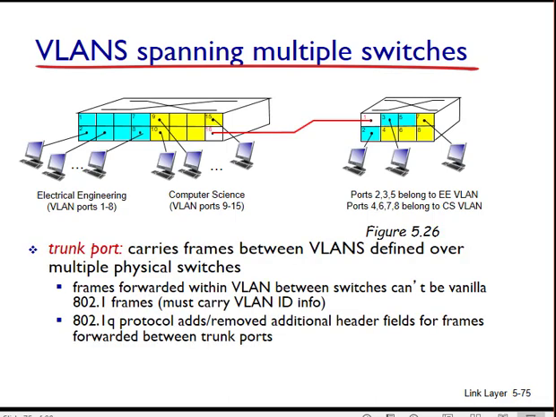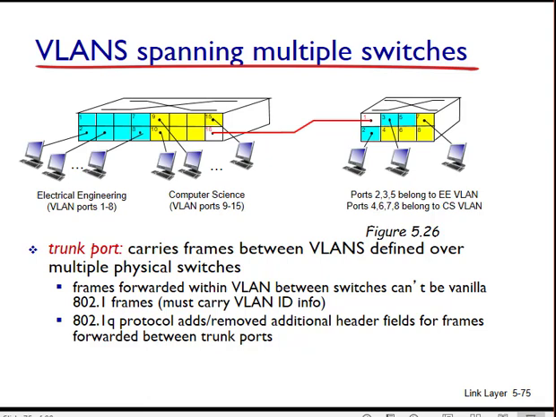One approach to interconnecting VLAN switches is known as VLAN trunking. In the VLAN trunking approach, as shown in Figure 5.26, a special port on each switch, port 16 on the left switch and port 1 on the right switch, is configured as a trunk port to interconnect the two VLAN switches.